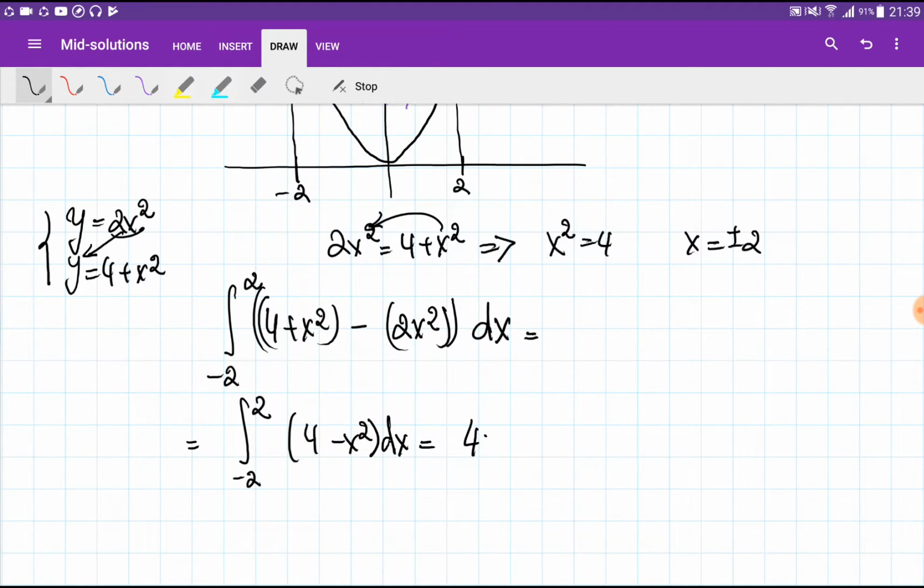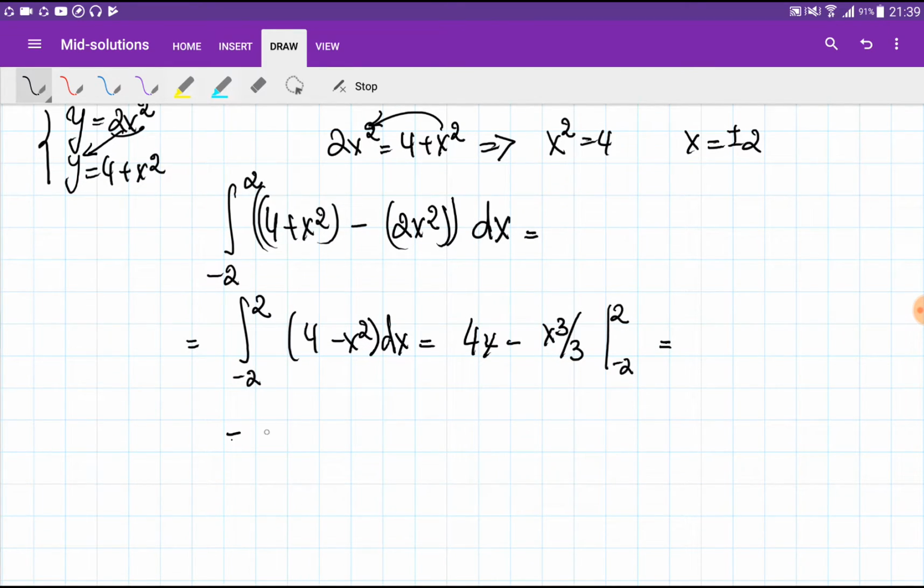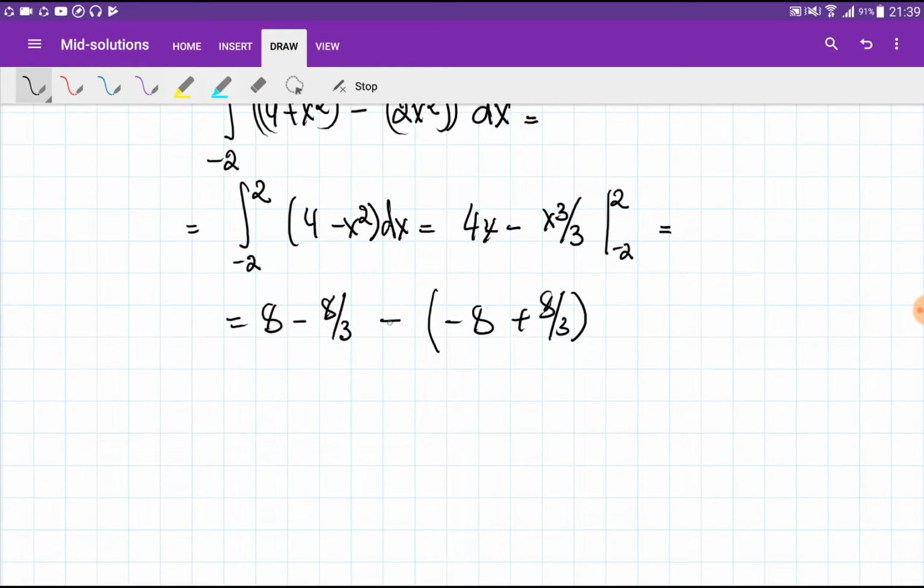So this will be 4x minus x cubed over 3. I need to put the values minus 2 and 2. So if I put the 2, it will be 8 minus 8 over 3, minus, then I need to put the minus 2, it will be minus 8 plus 8 over 3.